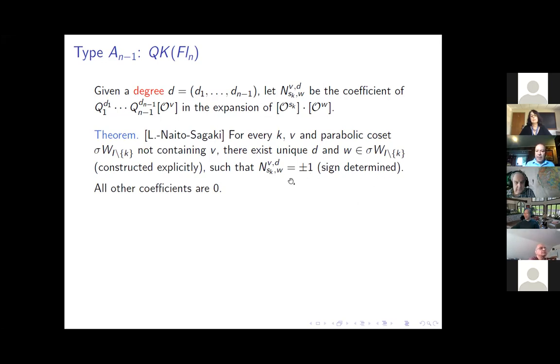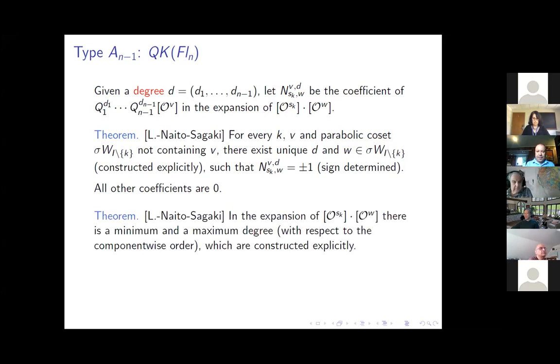There is an algorithm here to determine exactly for which k, W, V, d you get plus or minus 1. Moreover, in this formula, if you look at the degrees that come up with respect to component-wise order, we can show that there is a minimum degree and a maximum degree, which can be constructed explicitly.